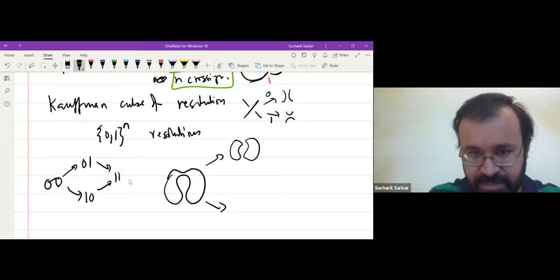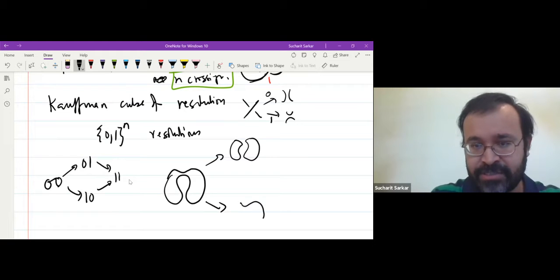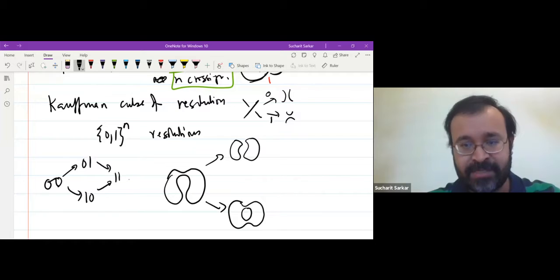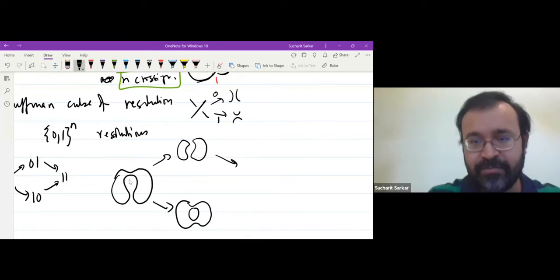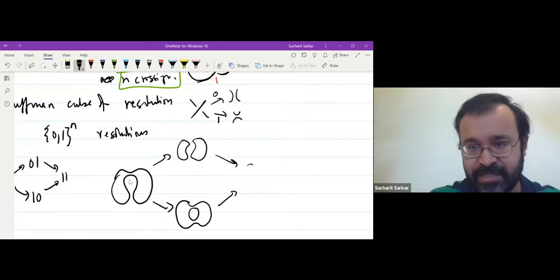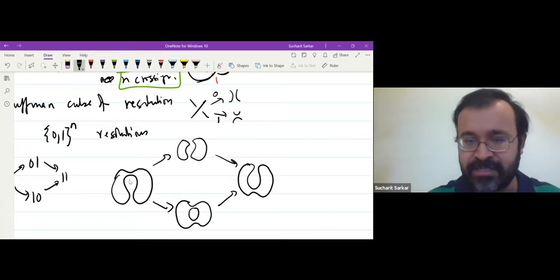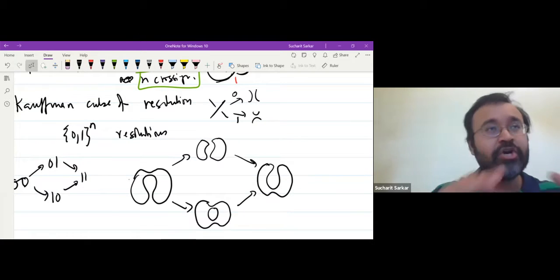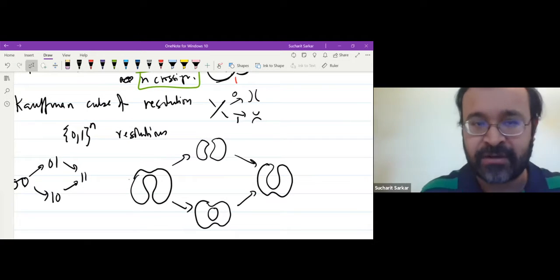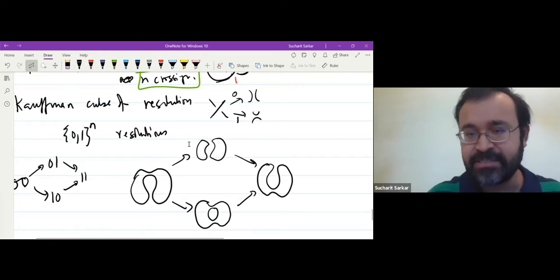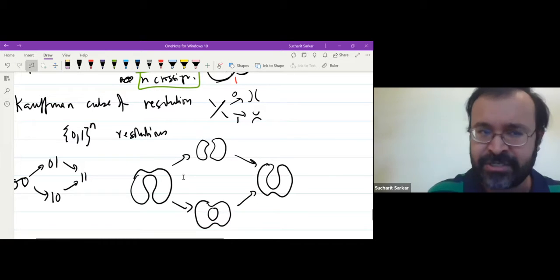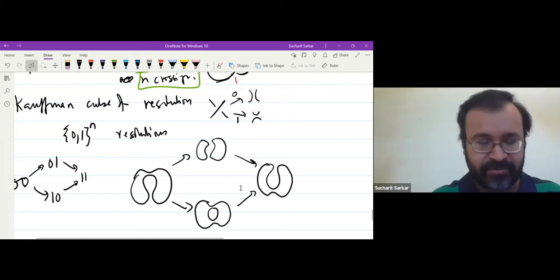Similarly, 1,0 means you resolve the first crossing by the 1 resolution, but keep the second crossing by the 0 resolution. And 1,1 means you resolve both by the 1 resolution. So you're changing one resolution at a time. You have this cube of all possible ways to resolve the crossings, and this is essentially due to Kauffman.